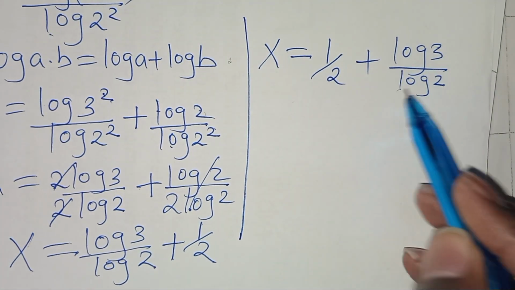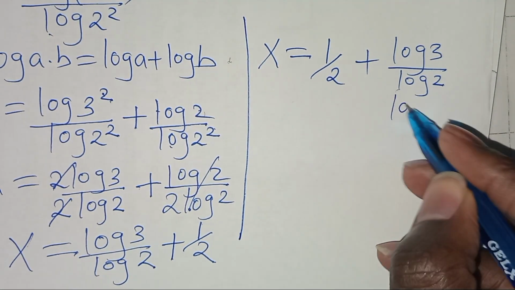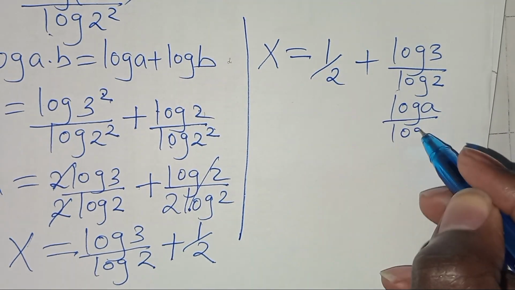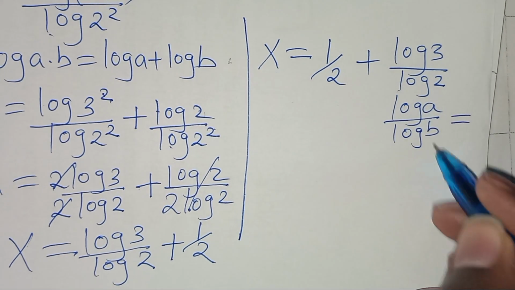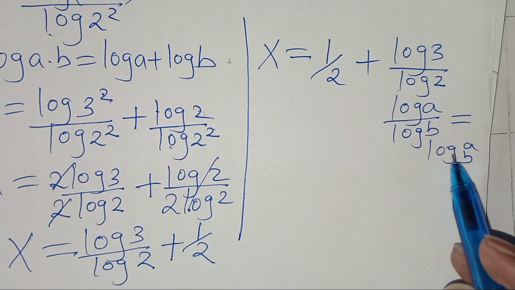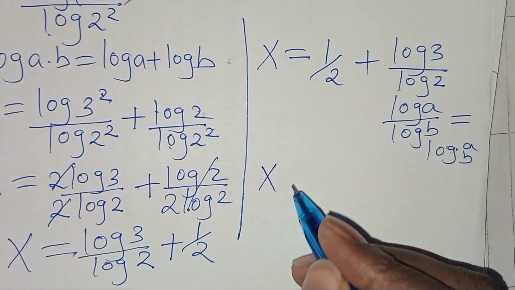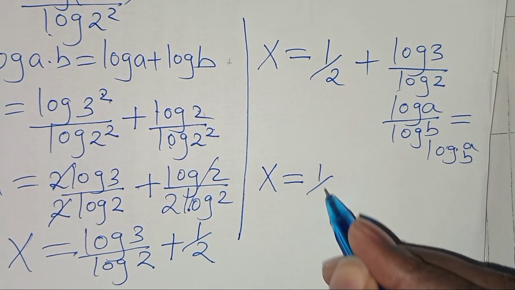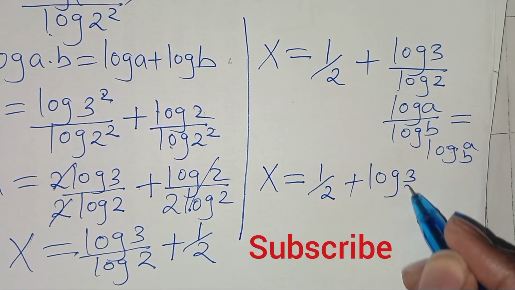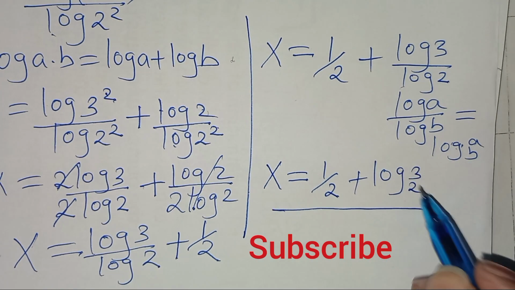Now log 3 divided by log 2, this is in the form of log a divided by log b, which you can transform to log a to base b. So let's apply this logarithm property so that the value of x here is equal to half plus log 3 to base 2. Now this is the value of x.